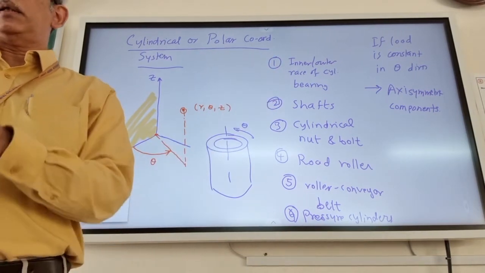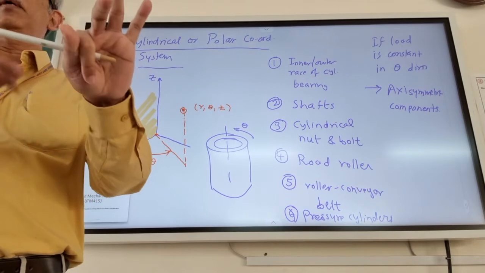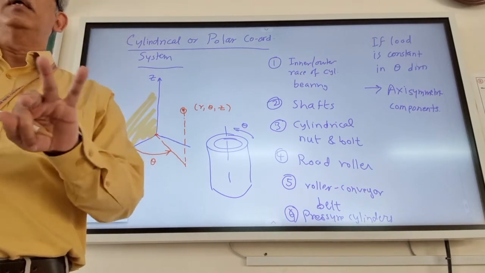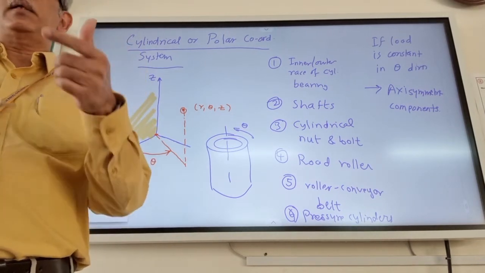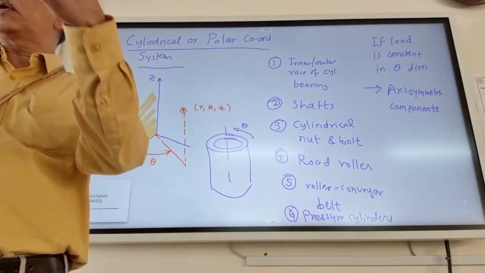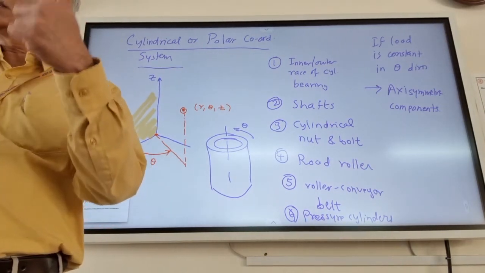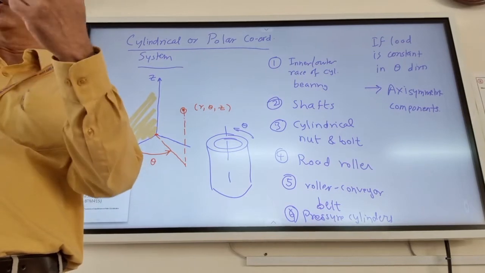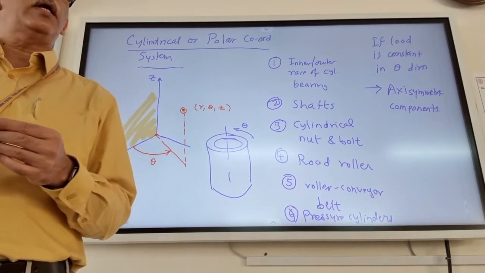Okay, so let's consider there is a shaft, and here you have the bearing in which the shaft is rotating. The theta direction is along the circumference of the bearing. So does the load remain the same in the theta direction for that bearing?